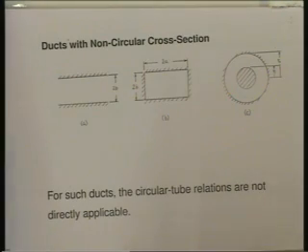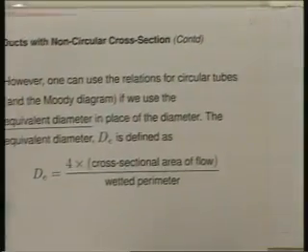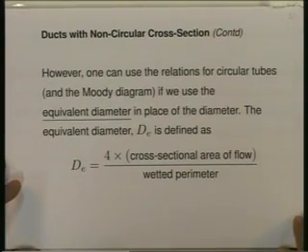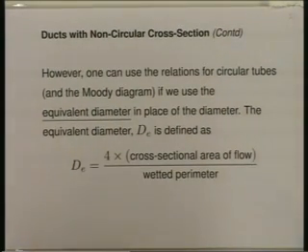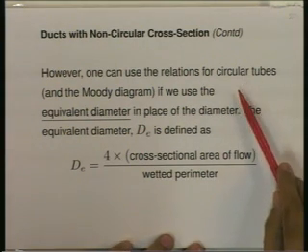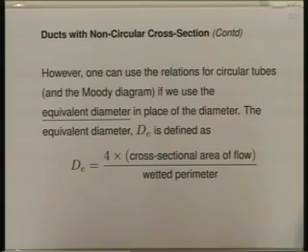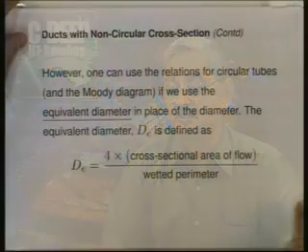Experimental data shows that in case of such ducts, one can use the relations for circular tubes, and hence one can use the information available in the Moody diagram if we use the equivalent diameter in place of the diameter which occurs in the Reynolds number.